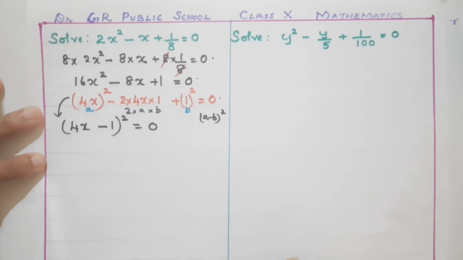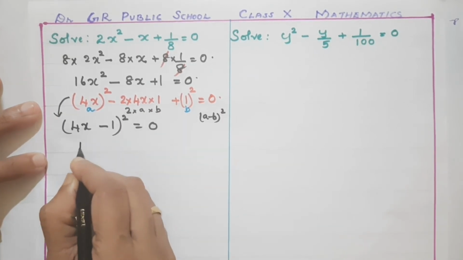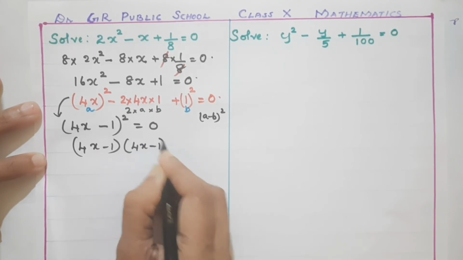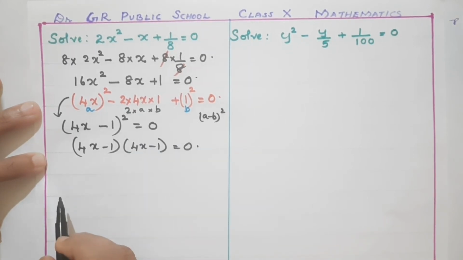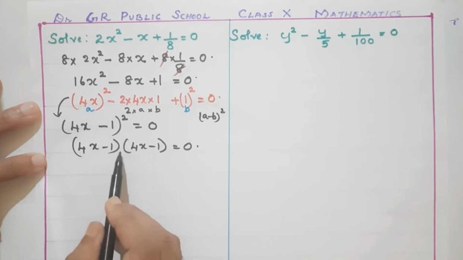Okay, so finally you will get x as only one value, but if you are doing like that, you have to repeat the values. So here I am writing this as 4x minus 1 into 4x minus 1 equal to 0. 4x minus 1 the whole square is 4x minus 1 into 4x minus 1.